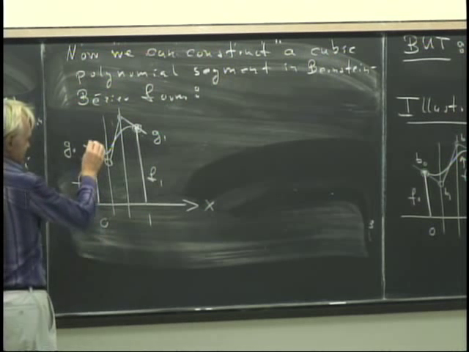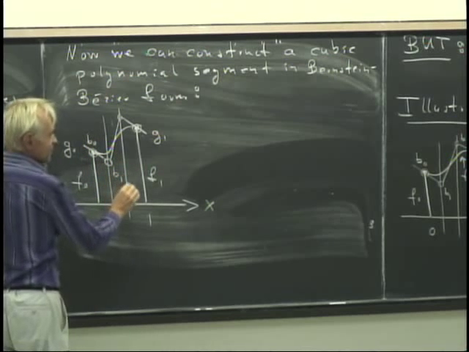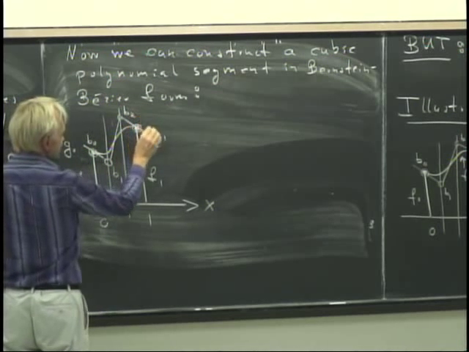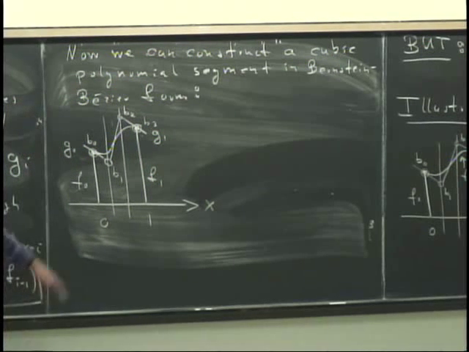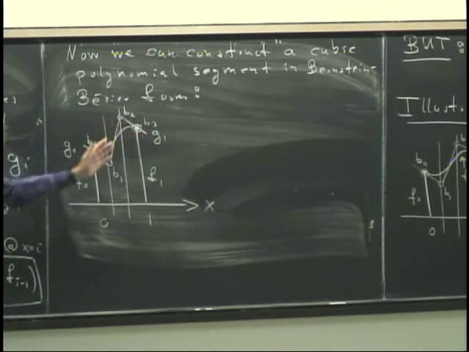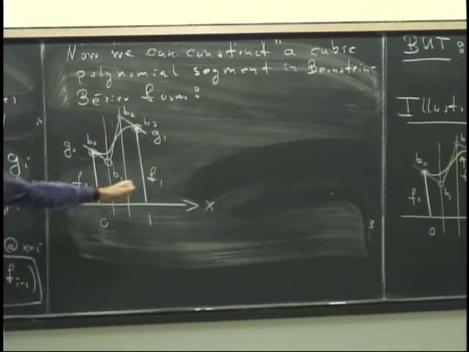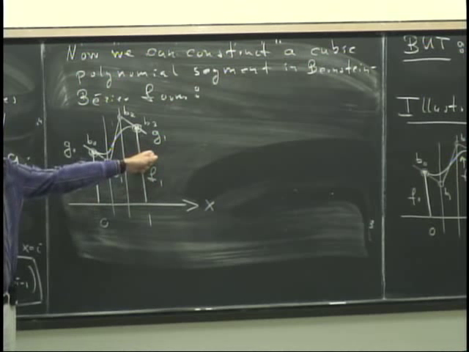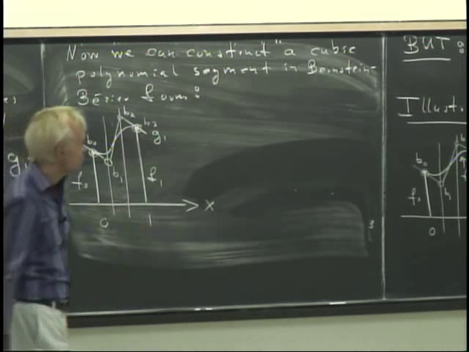So the circle point there is B0. This would be B1. This guy is B2, and this one is B3, right? But I need to tell you how the B0, B1, B2, B3 values are related to the given stuff that we have now. At this point, what is given? Given is F0, F1, and G0, G1. And those 4 pieces of information imply the B coefficients, okay?